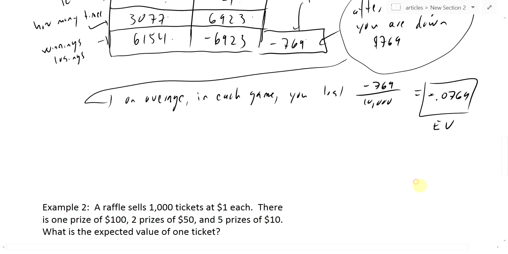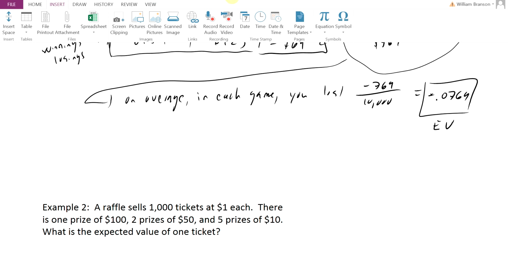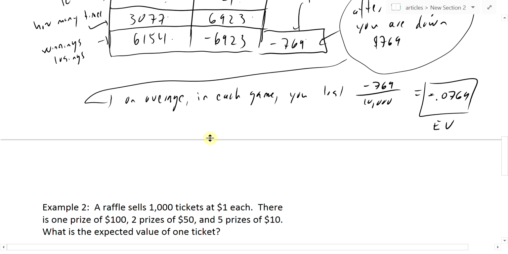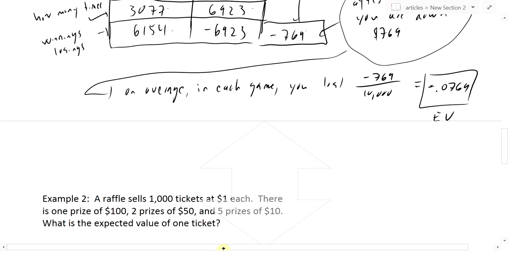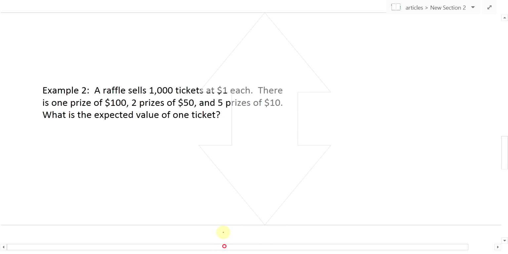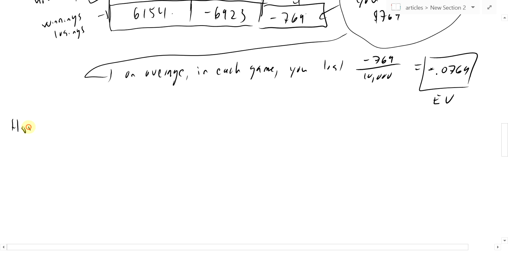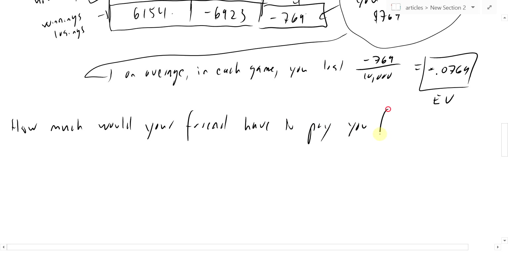But in the long run it's a little bit tricky. So I need a little bit more space. So we're going to insert some space here because we're going to introduce the idea of a fair game. So how much would you have to win for the game to be fair?